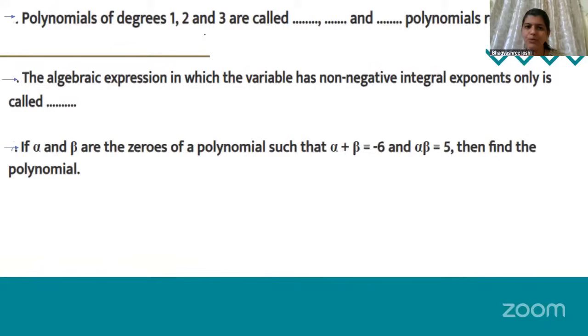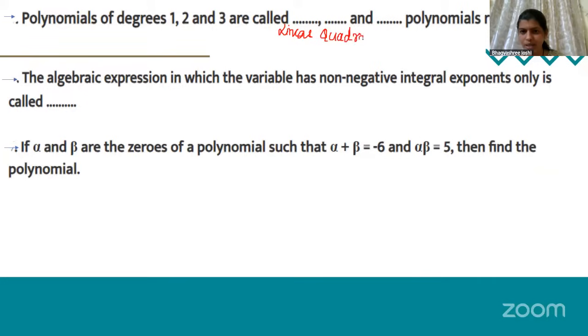Polynomials of degree 1, 2, 3 are called... Yes, my dear children, you should tell this. Polynomial of degree 1, 2, 3. If a polynomial has degree 1, then it is called linear. If degree 2, what will you call it? If a polynomial is of degree 2, then it is a quadratic polynomial.